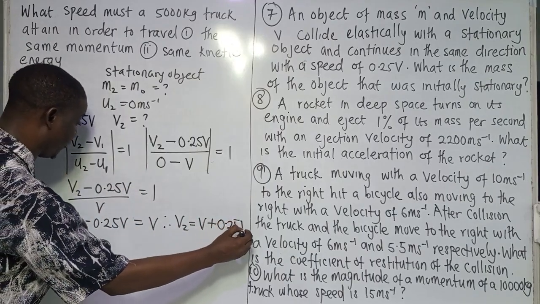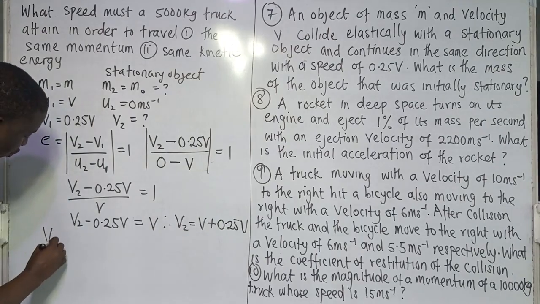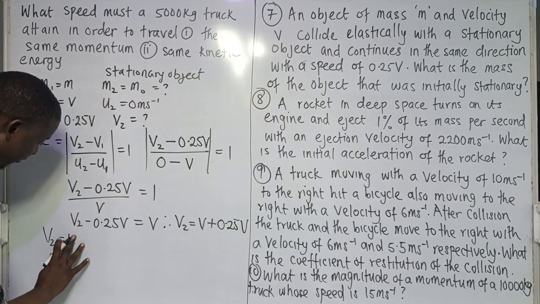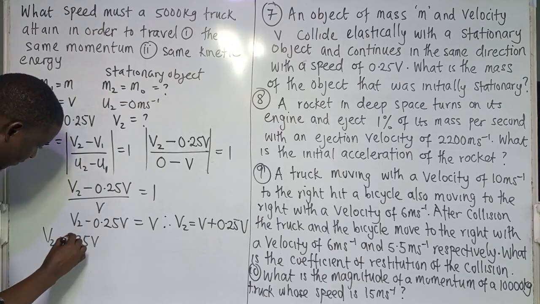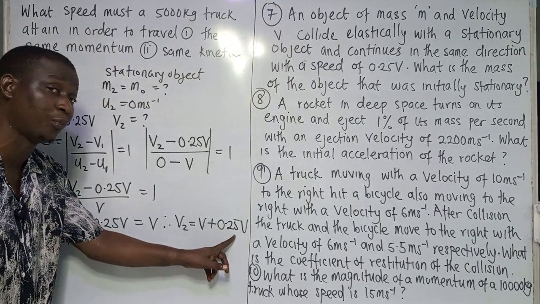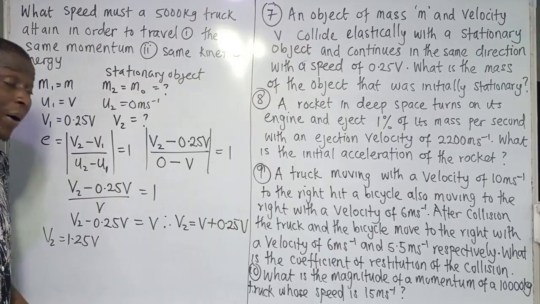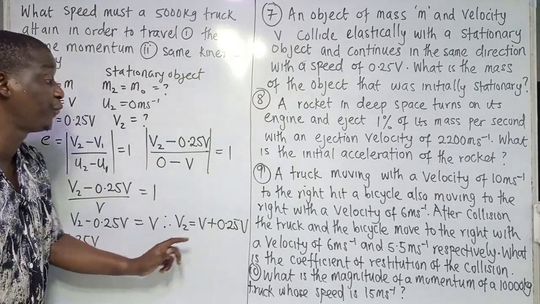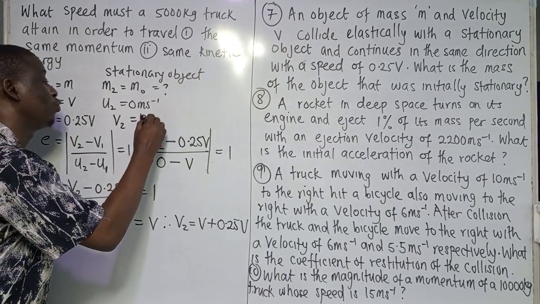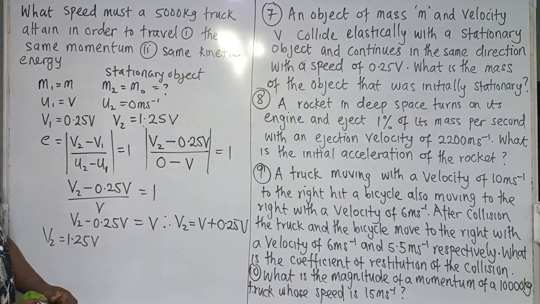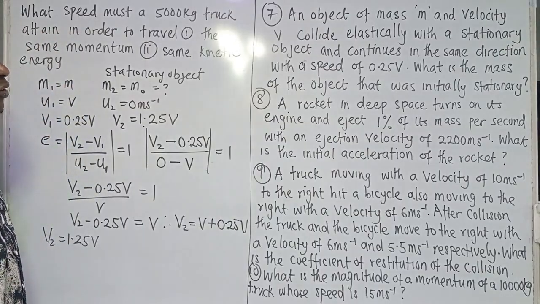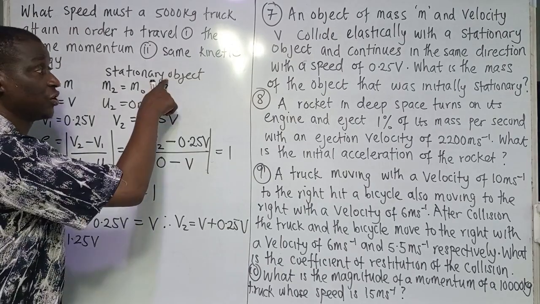V2 becomes 1.25 V, because 1 V plus 0.25 V equals 1.25 V. After getting 1.25 V, the work is now less for us. So we have gotten the final velocity of the second body, the stationary body, to be 1.25 V.